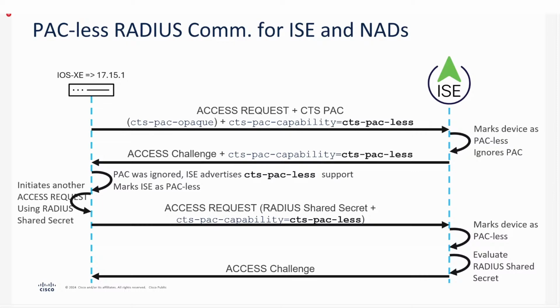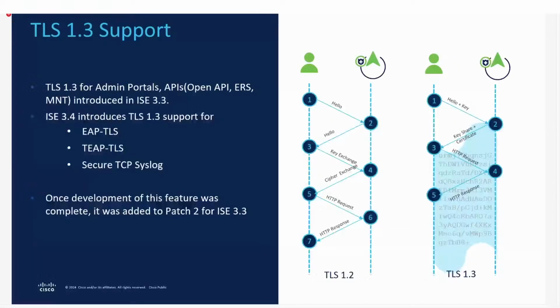Now, speaking of TLS, we've also added some more TLS 1.3 support. If you remember, ISE 3.3 introduced TLS 1.3 support for your different portals and APIs, but now we're introducing TLS 1.3 support for EAP-TLS, TTLS, and secure TCP syslog.